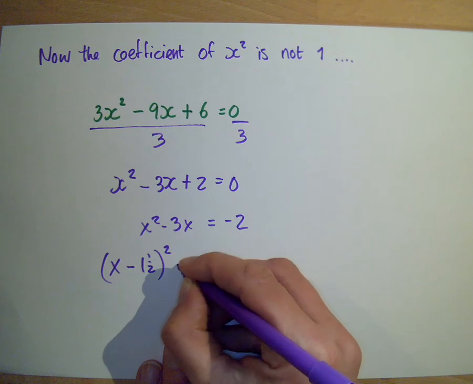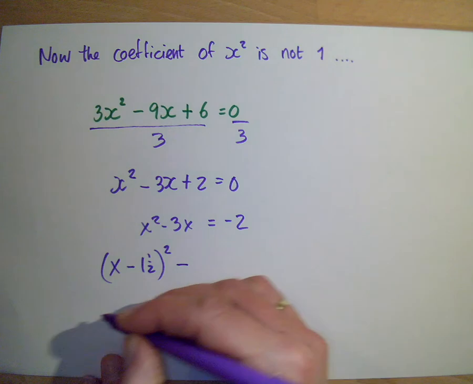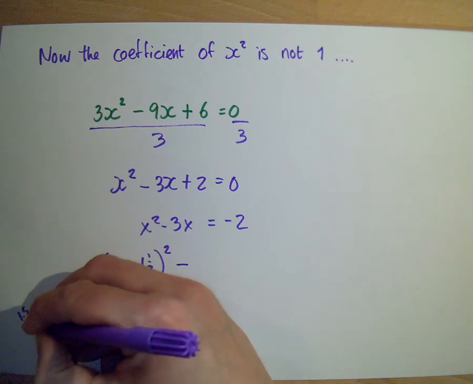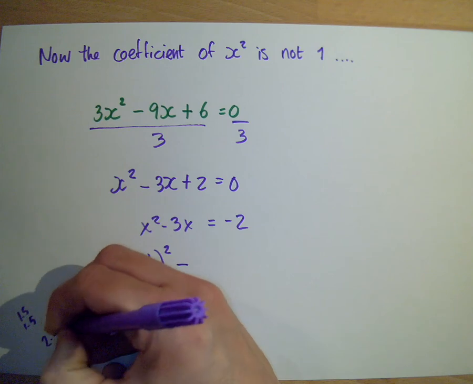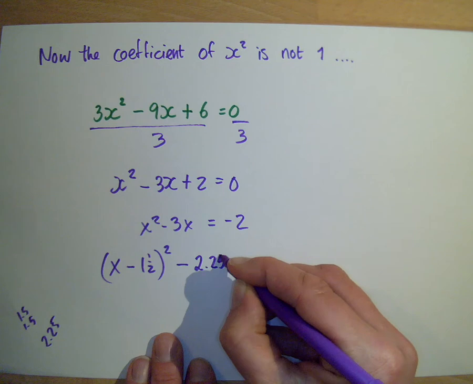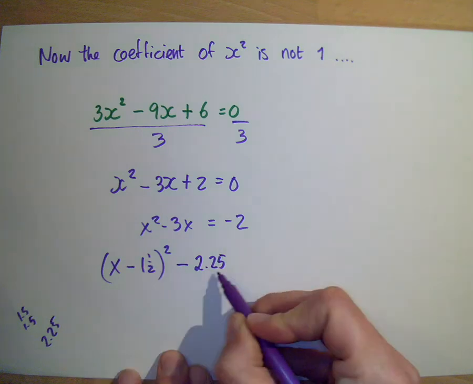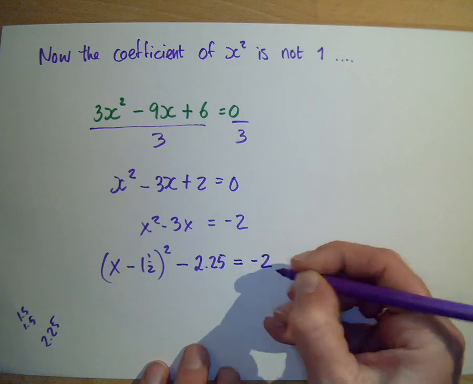Now I have to subtract the square of 1.5, which is 1.5 times 1.5. Yeah, we all know that. That's 225. So minus 2.25. I love how I have a fraction and decimal in there. That's not very smart. Oh well.